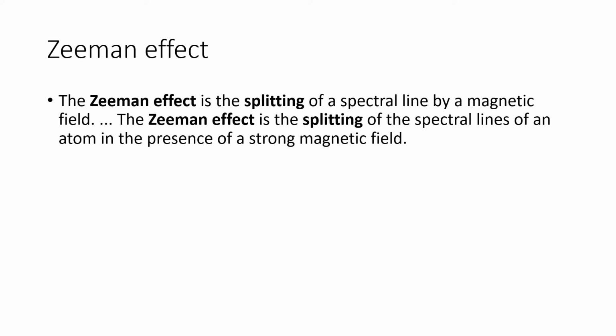We should begin with the basic term, the Zeeman effect. What is the Zeeman effect? The Zeeman effect is the splitting of spectral lines by a magnetic field.